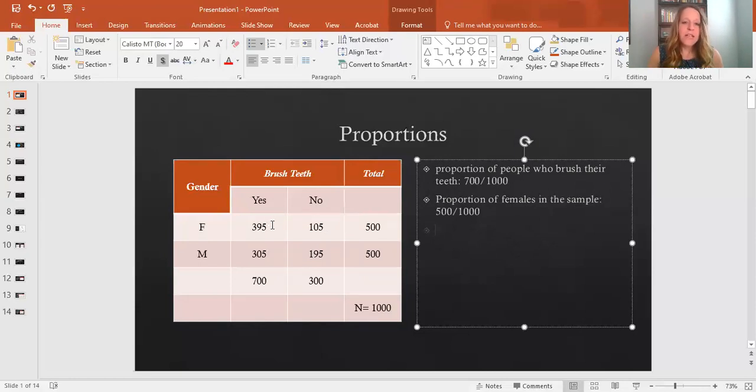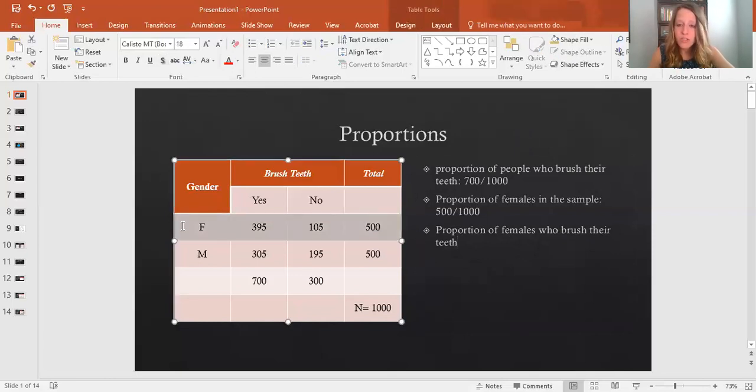Now, if we wanted to look at individual cells compared to column or row totals, this is where it can get a little tricky. Let's say we want to know what proportion of females brush their teeth. This tells us that we are looking at just females.